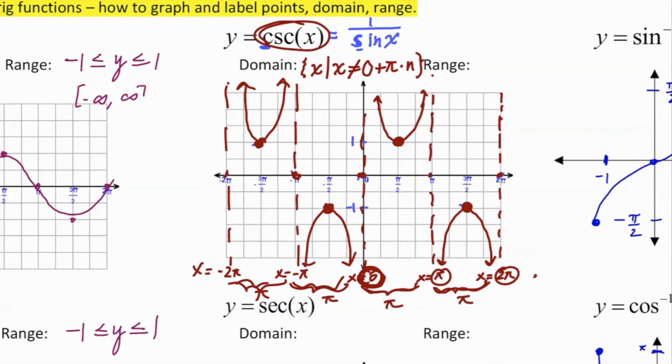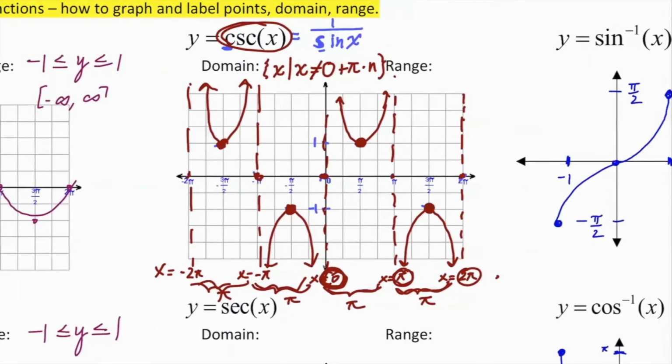If you decided to say, okay, Ms. Park, I think my asymptote starts at pi, then you can say pi plus pi n. Or you could say 2 pi plus 2 pi n, or negative pi plus pi n. It doesn't matter, as long as you tell me whatever first asymptote that you see plus pi n.